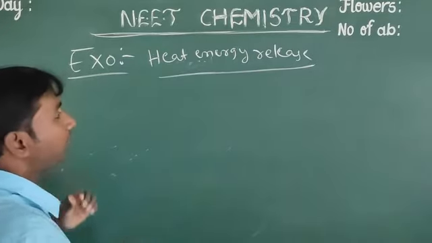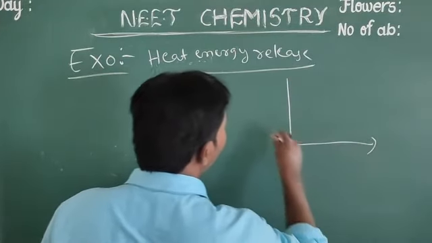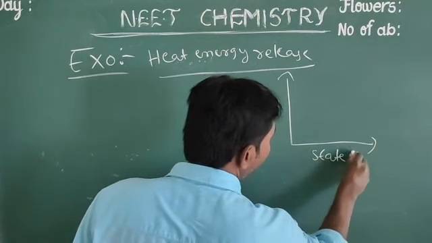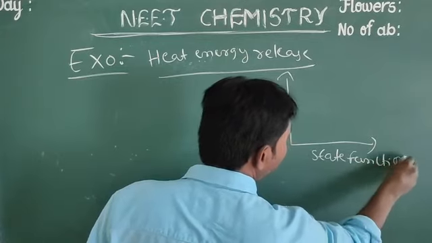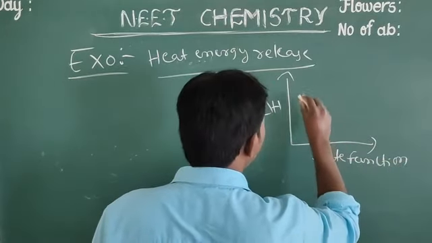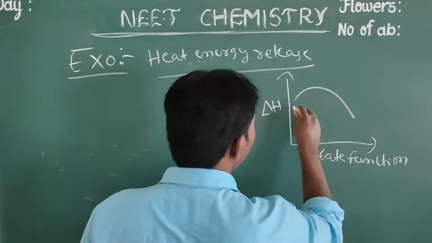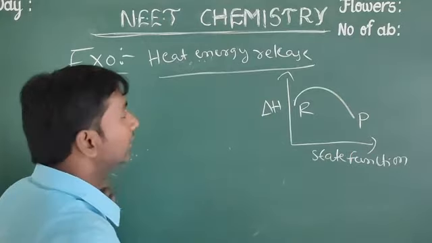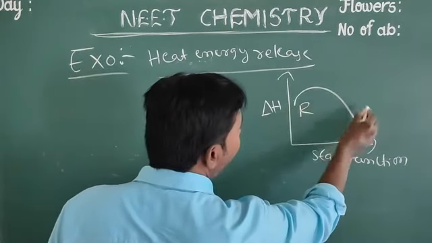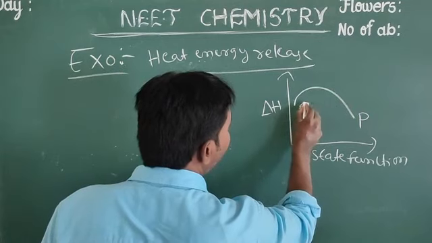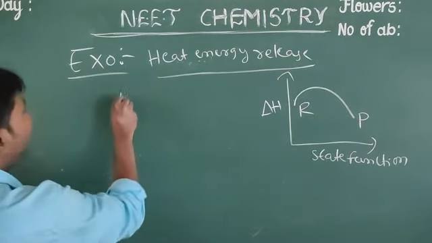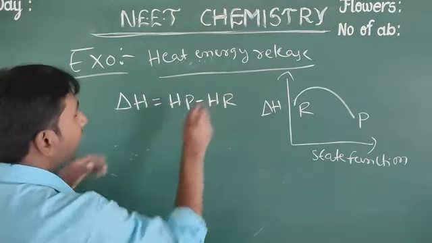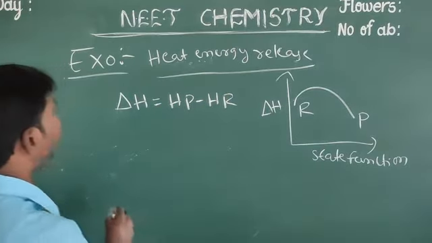Okay, if you observe the graph of enthalpy change against state function, this is reactant, this is product. In exothermic, reactant dominates product. So here del H equals H product minus H reactant, enthalpy of product minus enthalpy of reactant.